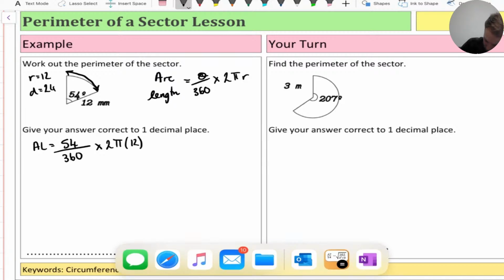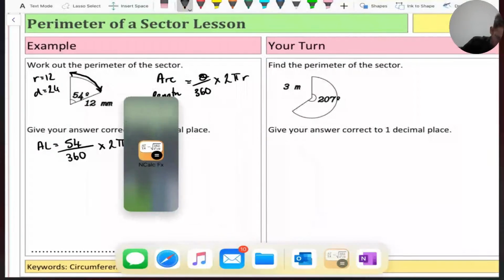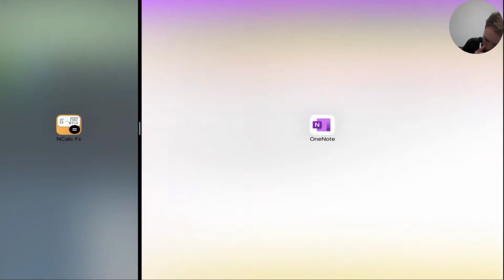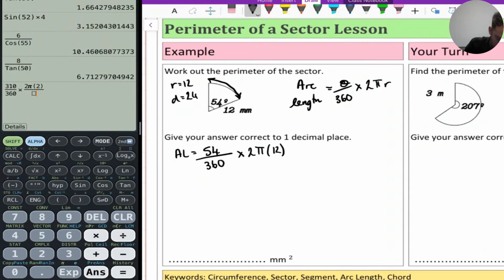So let's type that into our calculator. Fraction button first. 54 over 360 times by 2, shift pi, times by 12, which is our radius.